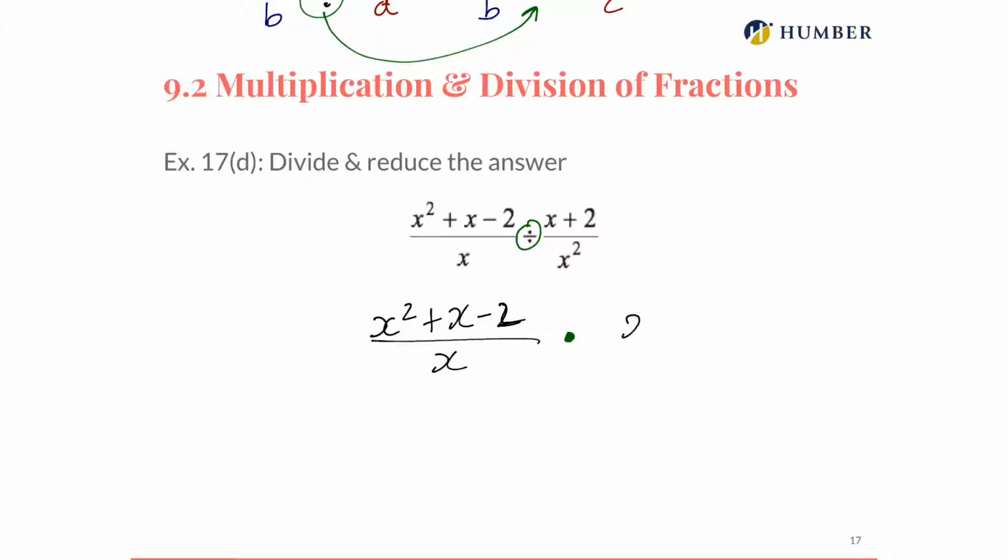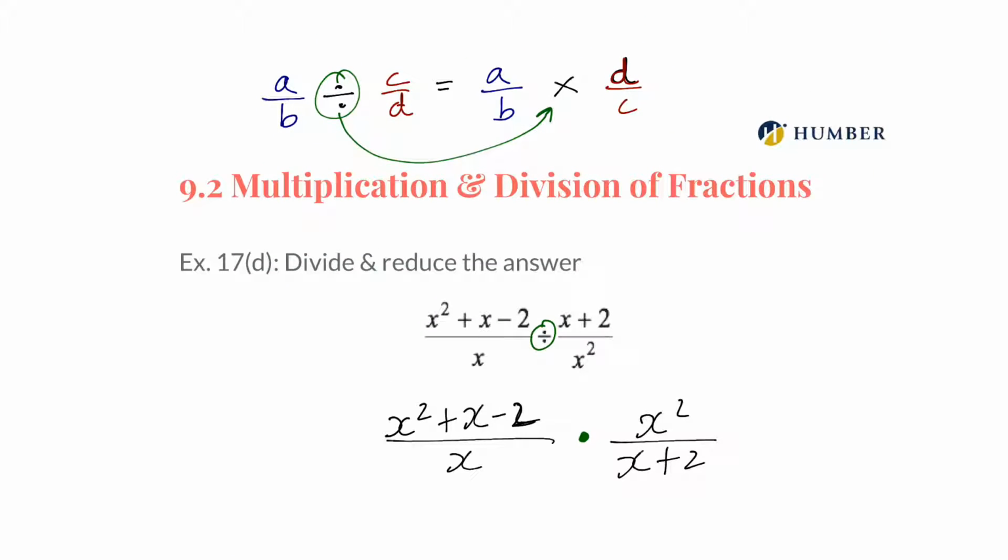And now we have x squared at the top and x plus 2. So here's the rule I was talking about. When you have a over b divided by c over d, so any two fractions in division, the first fraction stays the same, the divide sign changes into multiply, and the second fraction flips.